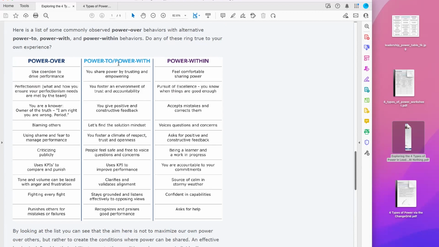I'm looking for something that leans towards the expressive energy and something that leans more towards the analytical energy, still in the driver quadrant. Like clarifies and validates alignment. To me, that feels like it's a little bit of a downgrade. When I think of accountability, I think there's an analytical element that's coming along there, using KPIs to improve performance.